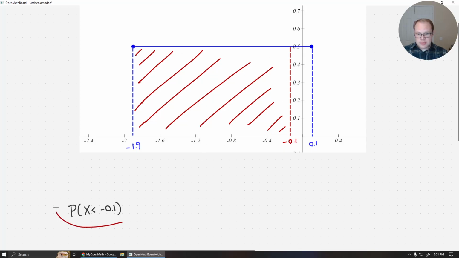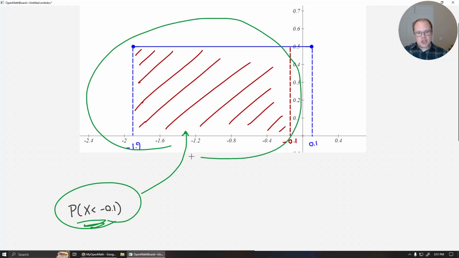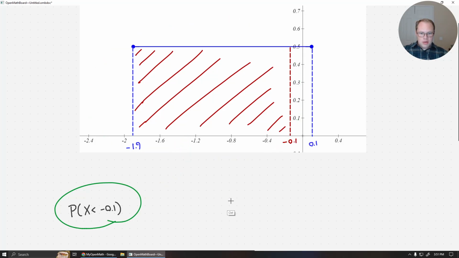This probability is going to be equal to the area of this rectangle. Probability equals area, so to find this probability, we just need to calculate the area of this shaded rectangle. Note this part over here we're not interested in. We're only interested in the part that's less than negative 0.1.